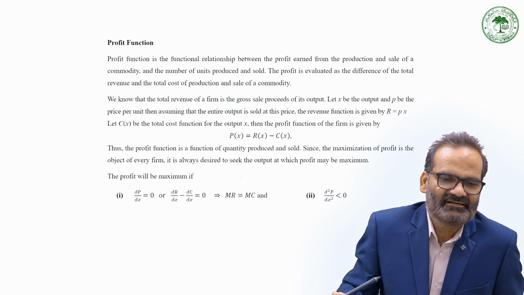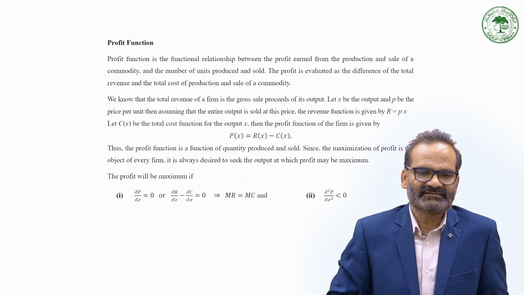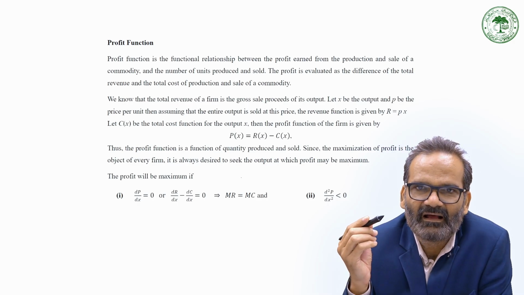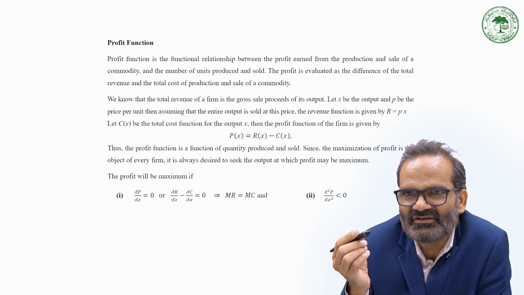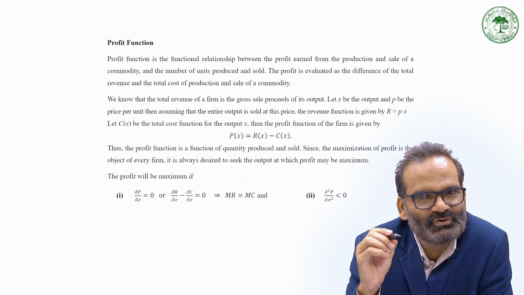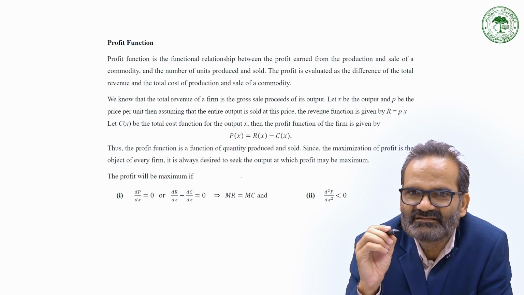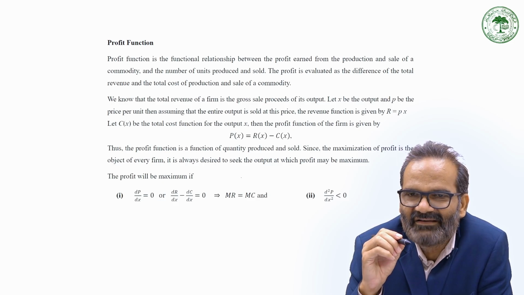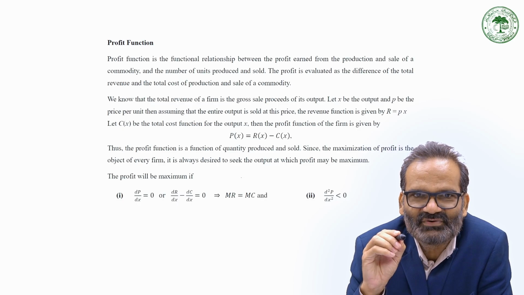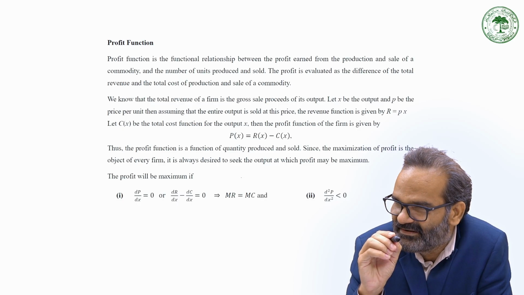Look here. The profit function is a functional relationship between the profit earned from the production and sale of a commodity and the number of units produced as well as sold. The profit is evaluated as the difference of the total revenue minus the total cost of production and sale of the commodity.